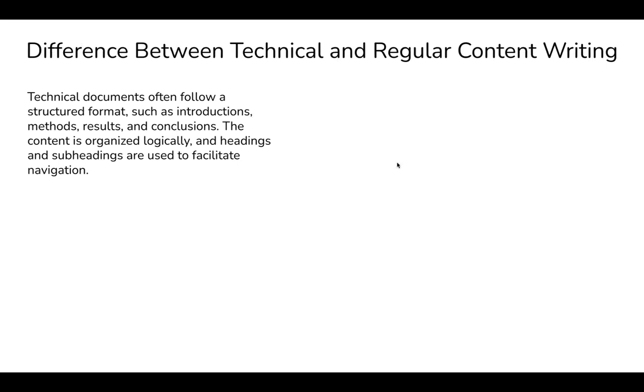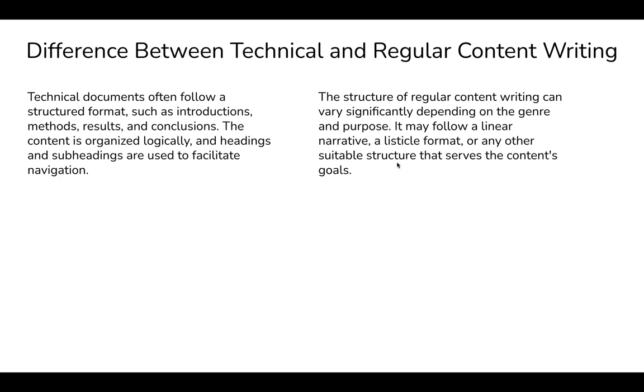While regular content writing, on the other hand, can follow any style that the writer wants. It can follow a linear narrative, a simple list of items that they discuss, or any other suitable structure that serves the content goals. So that's another major difference.